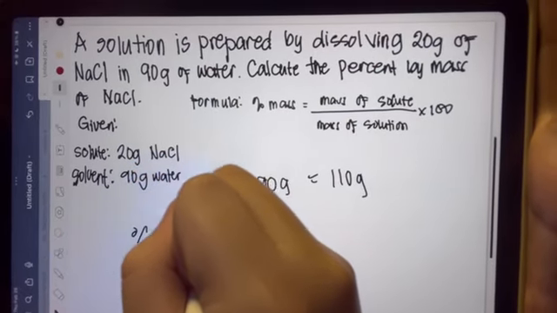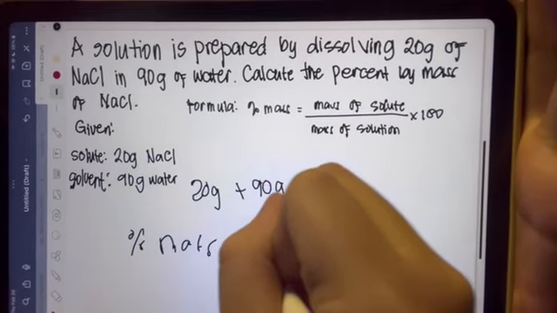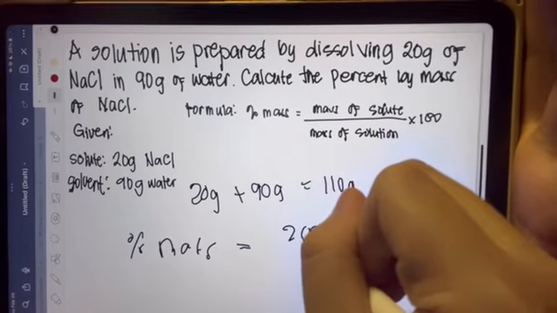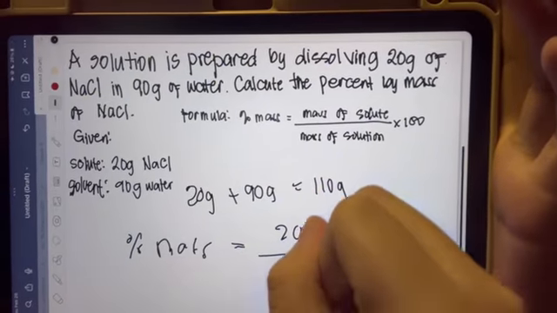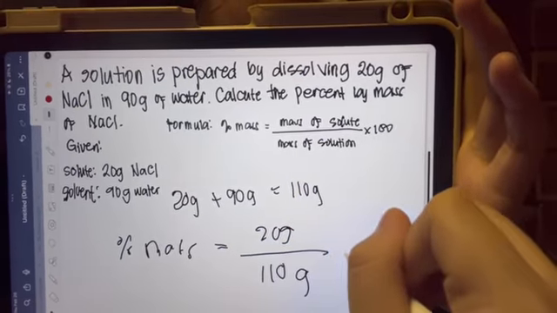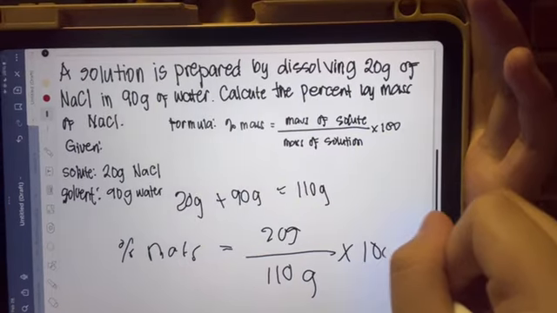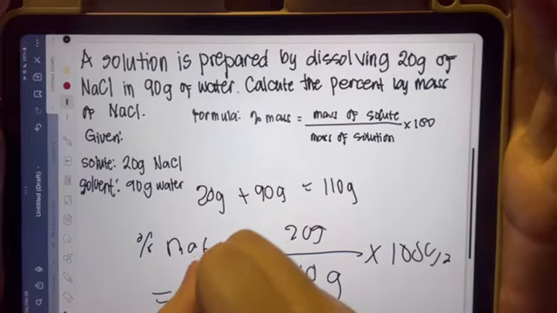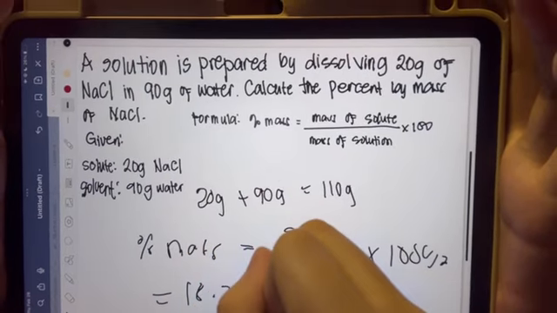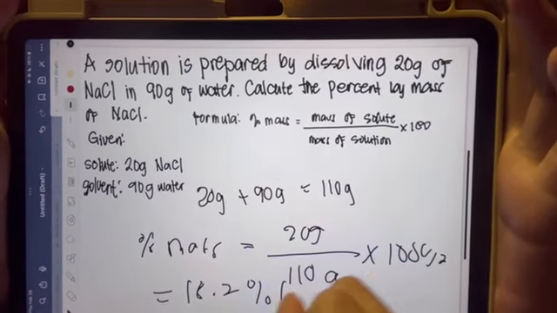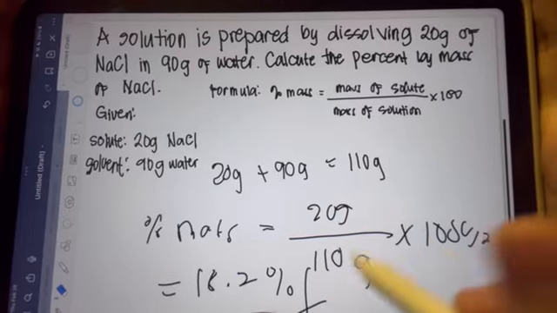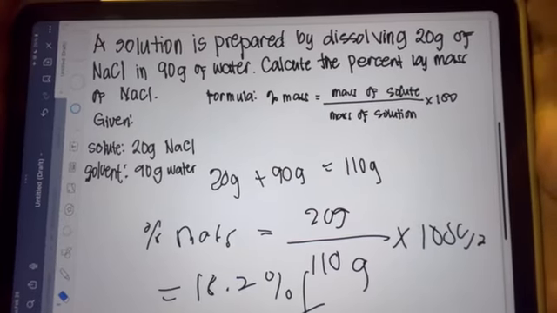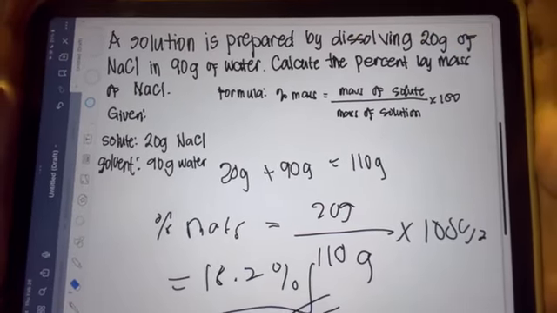Percent by mass is equal to 20 grams over 110 grams times 100%, which is equal to 18.2%. 18.2% is the final answer for the given problem.